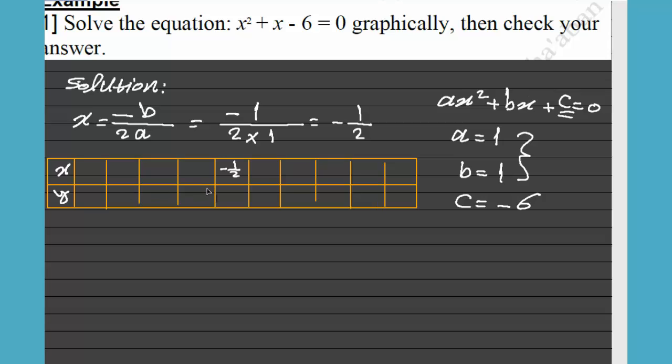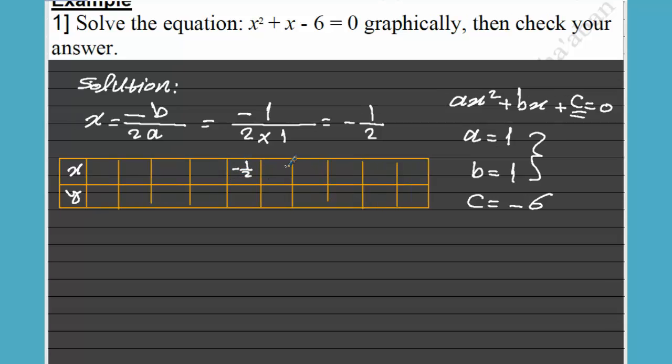I'll choose some integers greater than negative half: 0, 1, 2, 3, 4. Less than negative half, we choose negative 1, negative 2, negative 3, and negative 4.